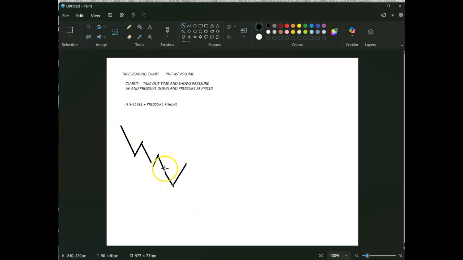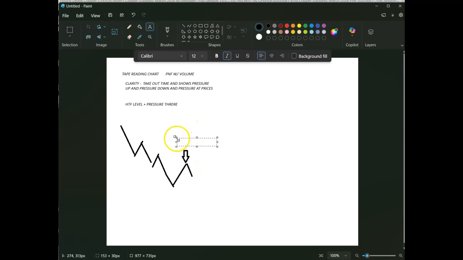But what you don't realize is that this pullback is really strength. It looks like a bear rally followed by a pullback, but this is actually your sign of strength or change of behavior. But you cannot see this easily.